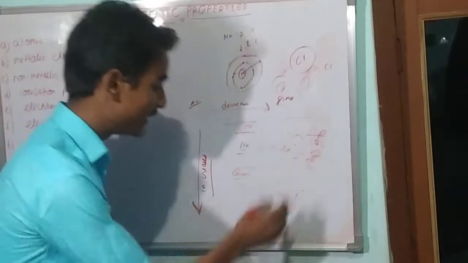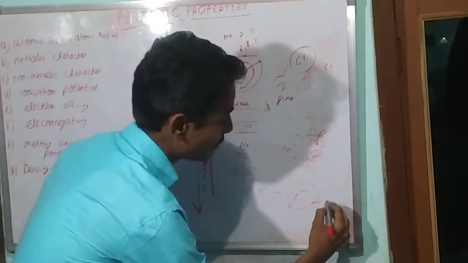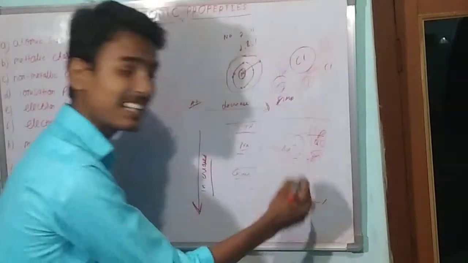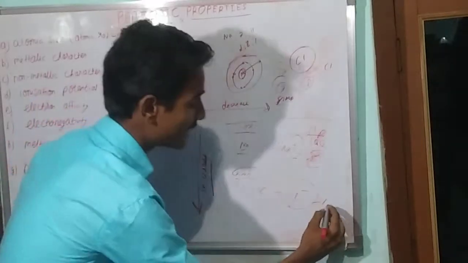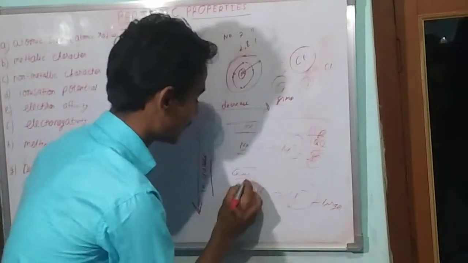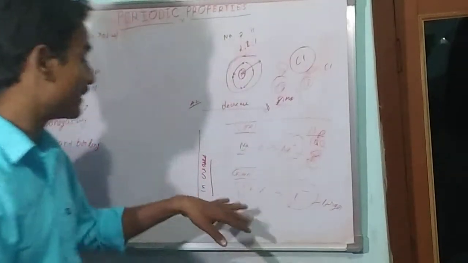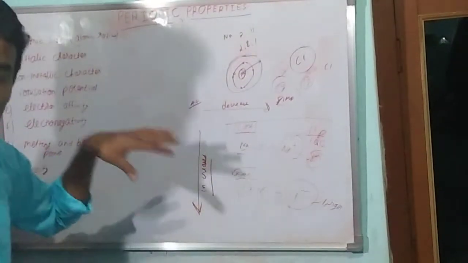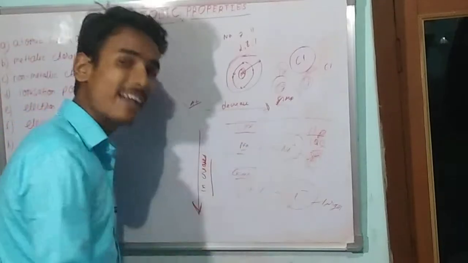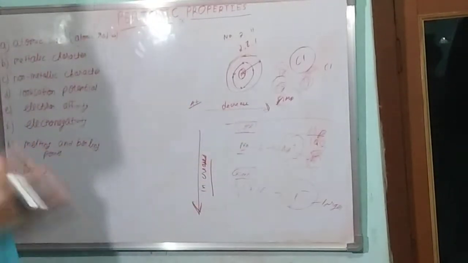In this case, the anion Cl- has a larger size than the parent atom Cl. This means the parent atom is smaller in the case of gaining an electron.